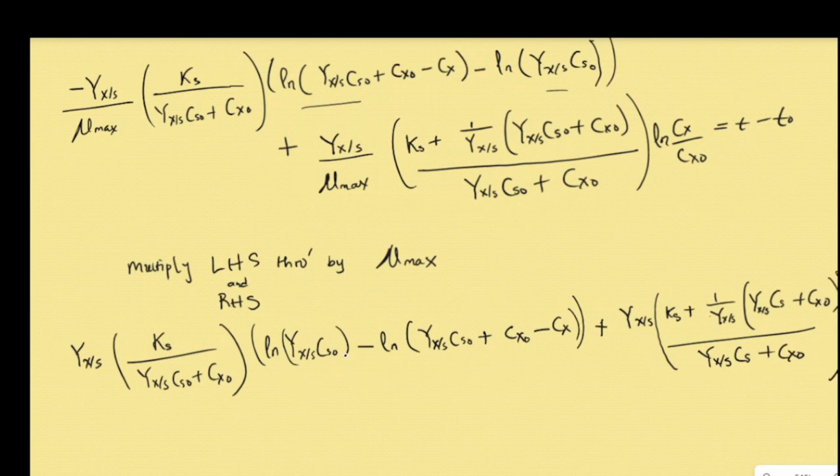So don't forget the ln Cx over Cx naught on this place, which will give me mu max into t minus t naught.